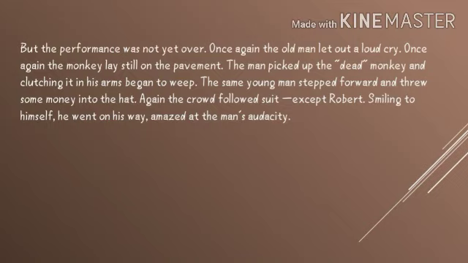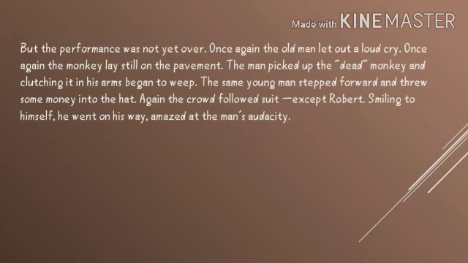So what happens now? Robert was about to turn and move. Again this old man let out a cry, and the monkey was staying still, and everyone thought the monkey was dead, and this old man was crying, holding the monkey.